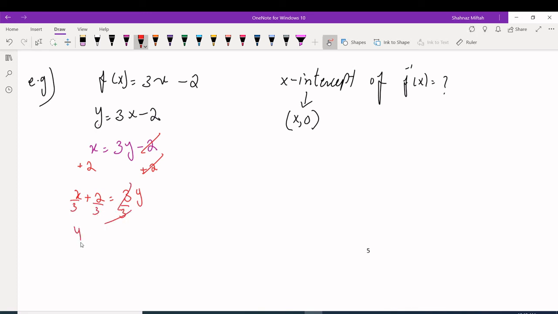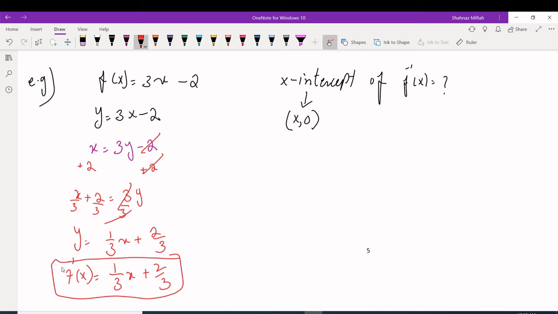So I'm left with y equal 1/3 x plus 2/3. Now, if you pay attention, this is the inverse. So I'm going to change to my inverse notation, f negative 1, so we don't get confused about whether this is the original or the inverse. That's my inverse function.